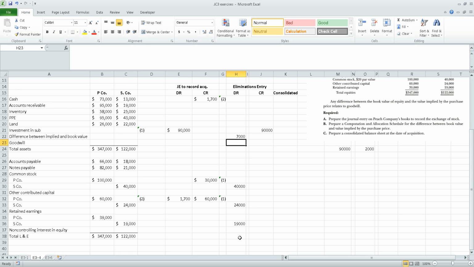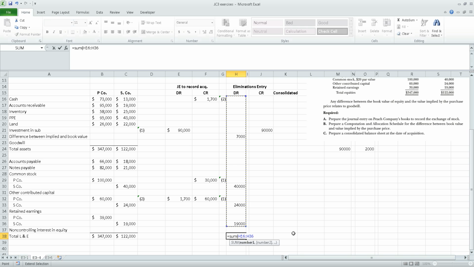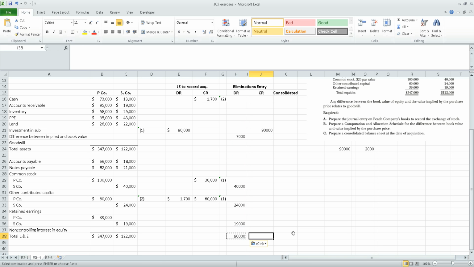Now let's do a tally here and make sure the debits and credits all equal. Okay, the debits and credits equal in our elimination entry. So this is the first elimination entry.